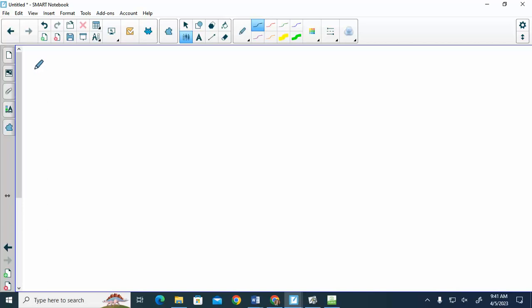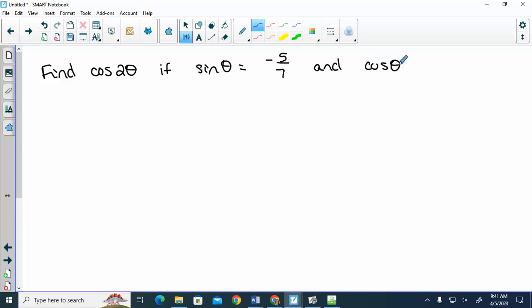So what if I said... this one, we have a few more options because I asked for cosine 2 theta. And don't we have 3 different formulas for that? So we could use any of the 3 formulas. Which one do you want to use?